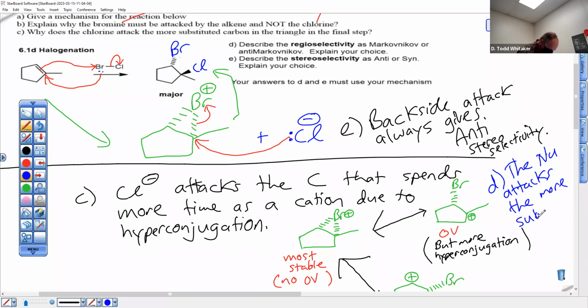Can I short form substituted? No, I can't. Substituted. That's a lot of T's. C. And that explains why we have the chlorine on the more substituted carbon and the bromine on the less substituted carbon.